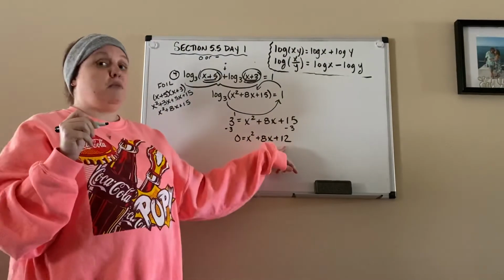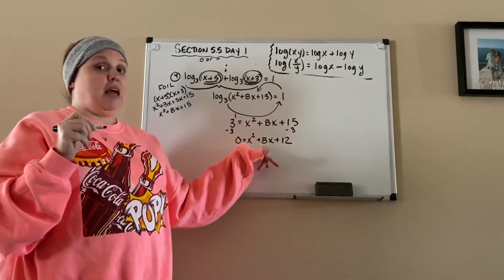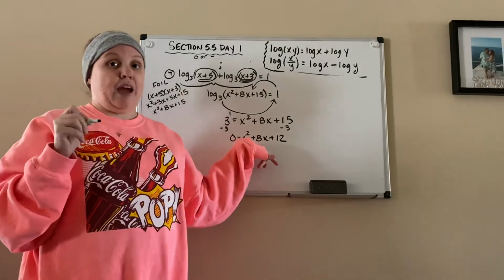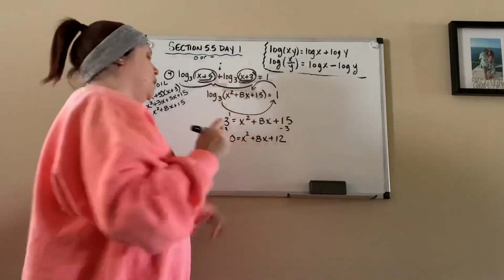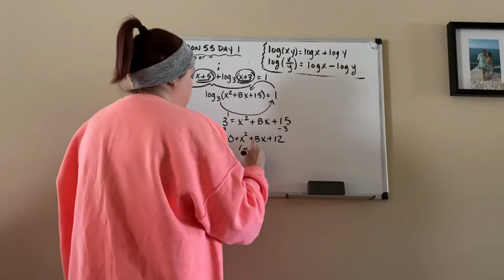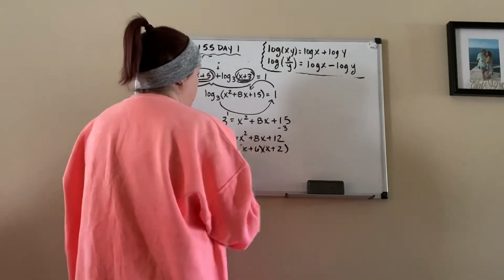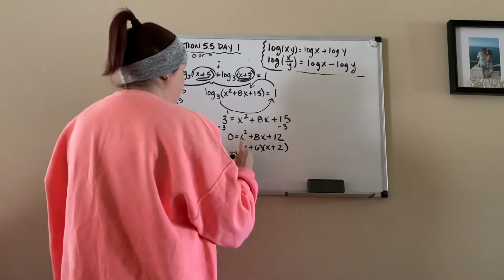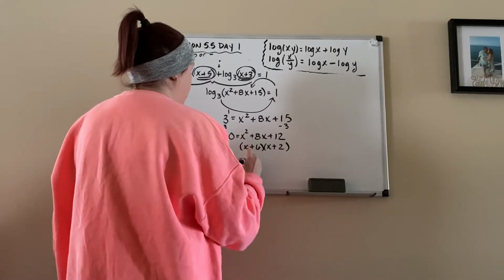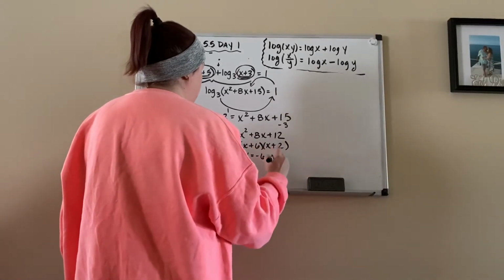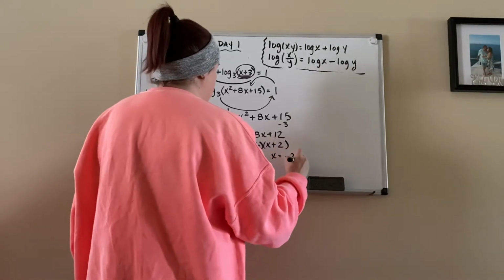What multiplies to make 12 that adds to make 8? Like I said, it'll be a simple factoring problem. That's 6 and 2. So this would be x plus 6 and x plus 2. So what would I get as my two answers? I would get x equals negative 6 and x equals negative 2.